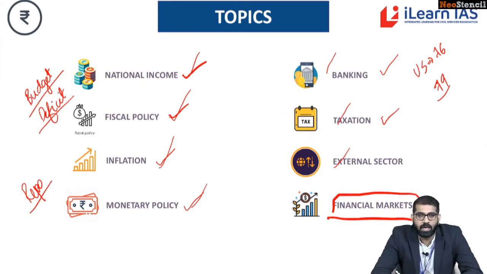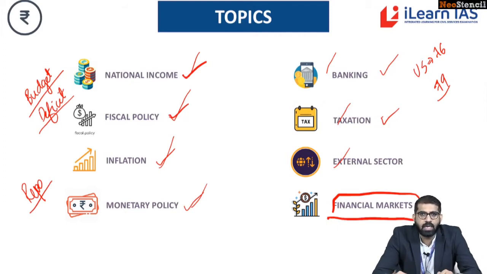Now what is financial market? Financial market means, see, various institutions, whether it is the government institutions or the private agencies, they all require money to carry out their activities, right? For government, in order to do various kinds of subsidy programs or other social sector initiatives such as building of roads, they have to build infrastructure.